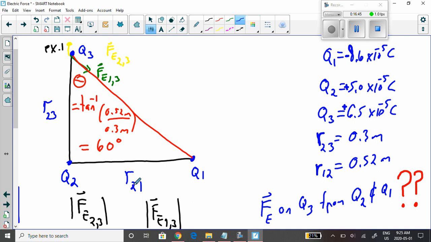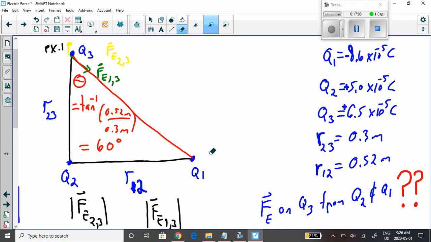The distance between charge 1 and 2 right there is 0.52 meters. Okay, that's the distance right there between those two charges. And the distance between charge 2 and 3 right here is 0.3 meters. Now what do we want to find?